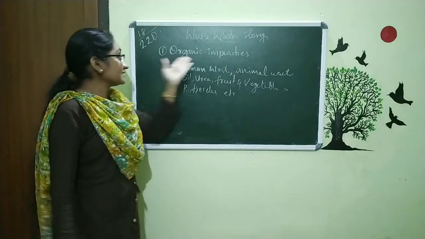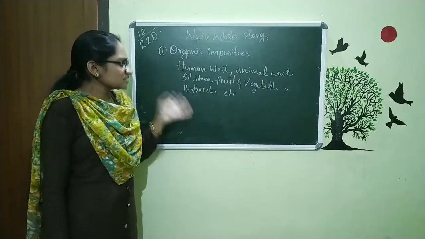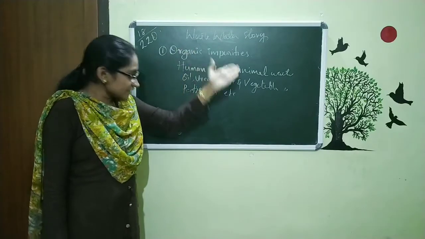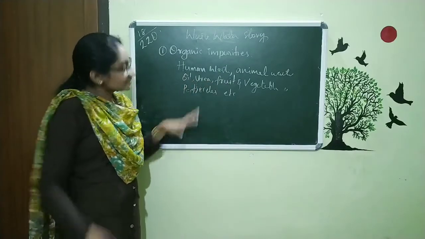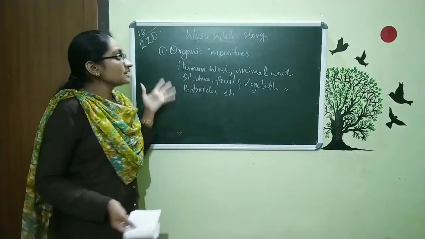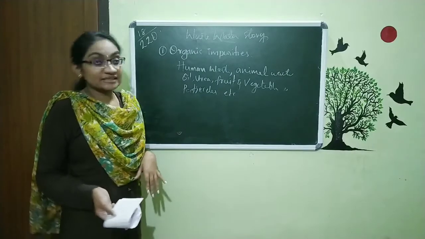Organic impurity means natural impurities. So human waste, animal waste, oil, urea, fruit and vegetable waste, pesticides, all these are included in organic impurities.